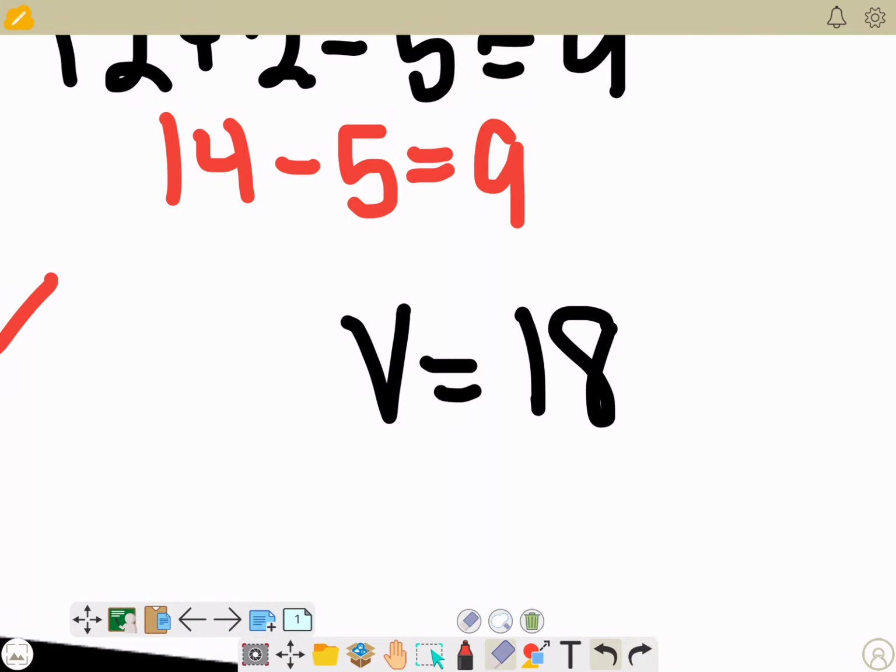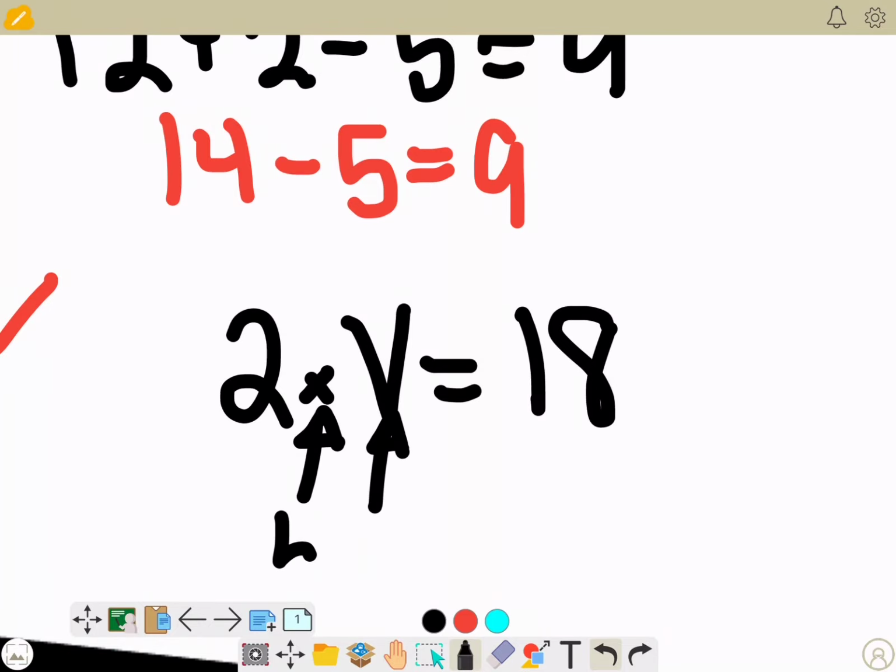If I do 2 times v equals 18, that looks like I have 2 letters, and we can't really have 2 letters in there. So what they do is they either smush it really close together, or instead of using the x, they use a dot, like 2 times v equals 18.